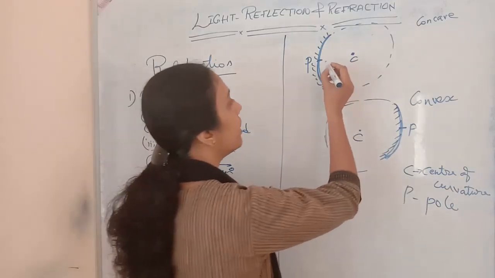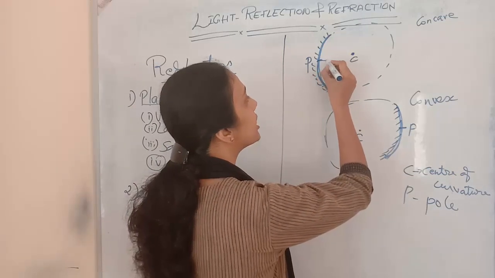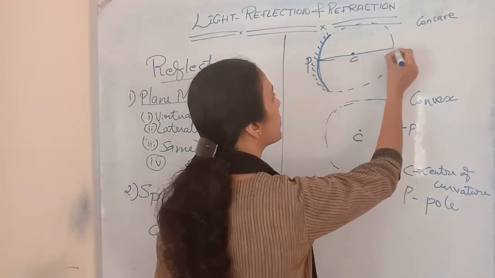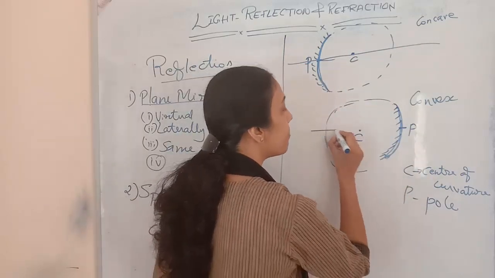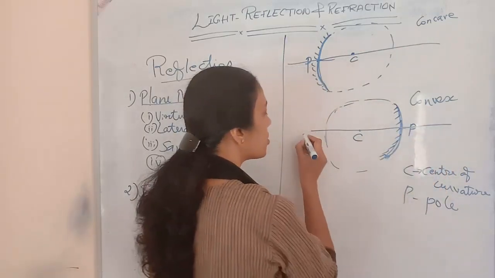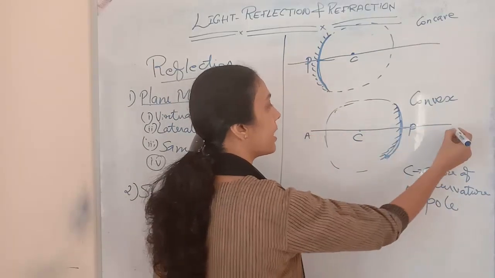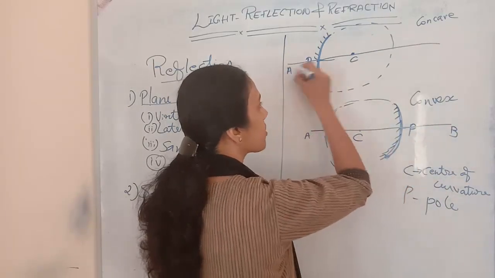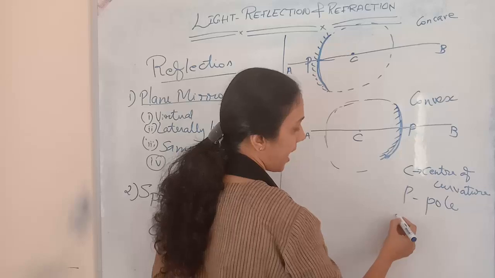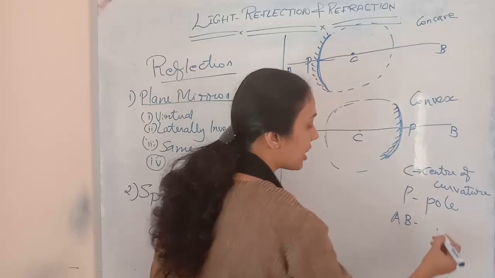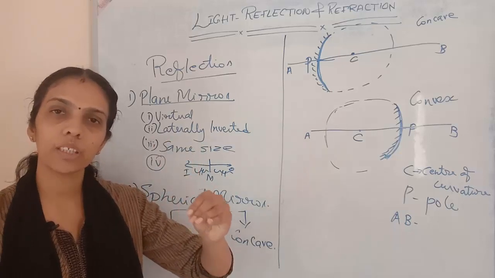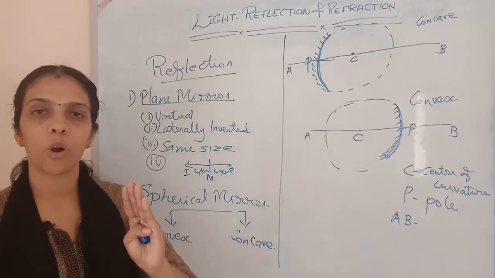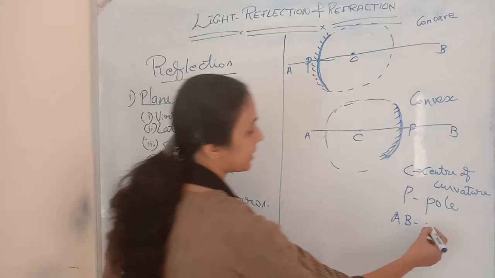Now the straight line which is passing through the center of curvature and pole is called the principal axis. If I am representing it as AB, this AB is the principal axis. This imaginary straight line passing through the center of curvature and pole is called the principal axis.